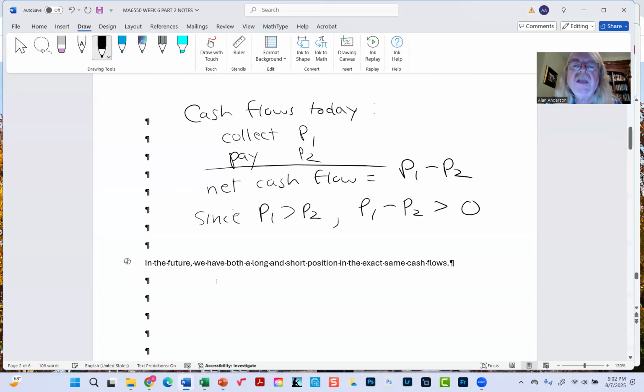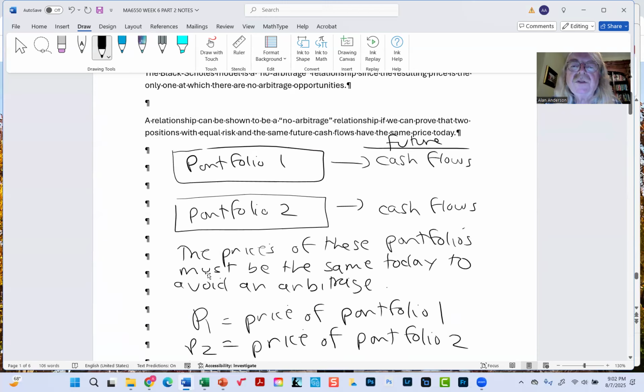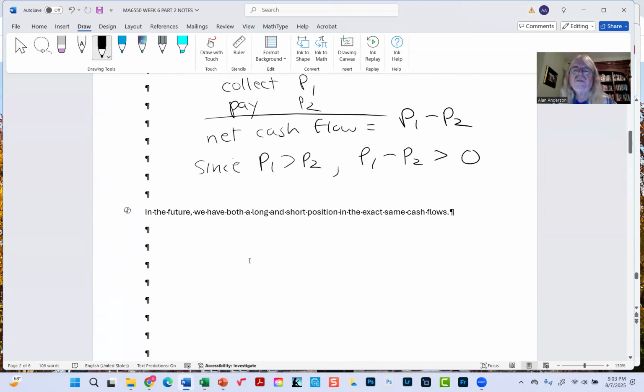In other words, if we bought portfolio two, and we're collecting these cash flows and we're paying these out because we sold those assets, but they're identical to each other. So the net effect is that we have no cash flows in the future. So our net cash flows in the future equals zero.